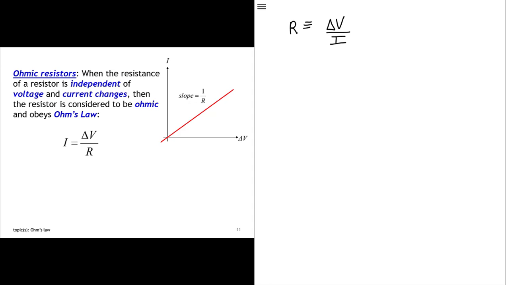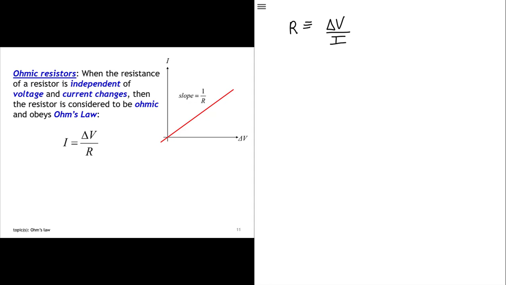An ohmic resistor has the property that its resistance is independent of the voltage and current changes.